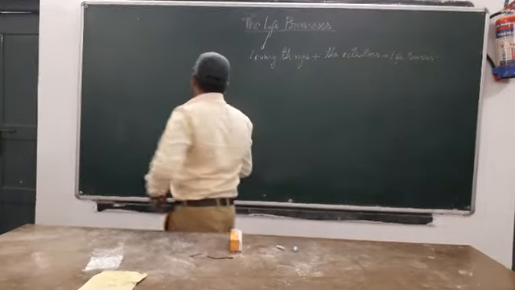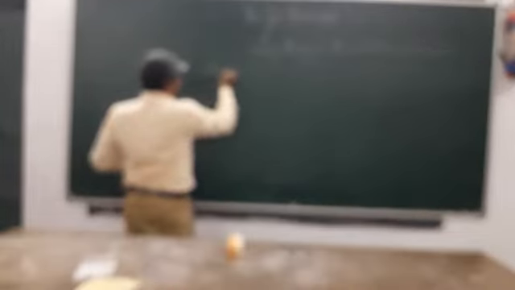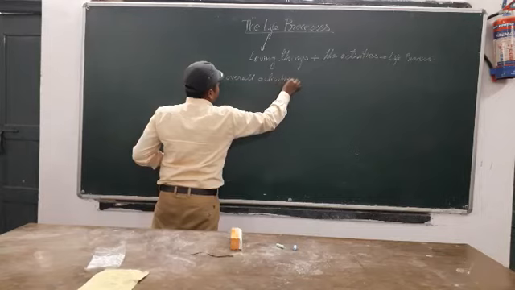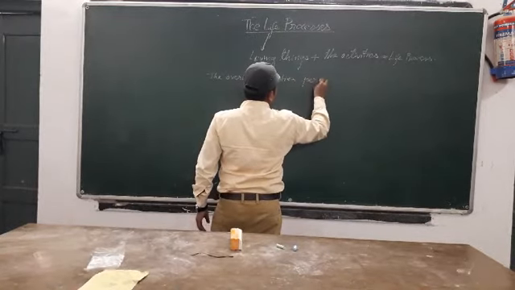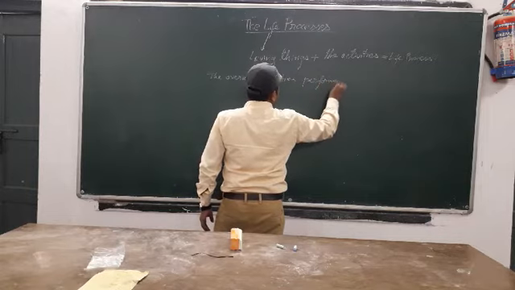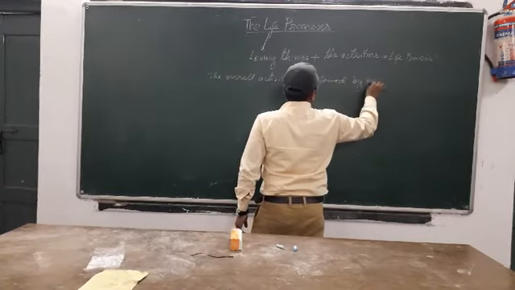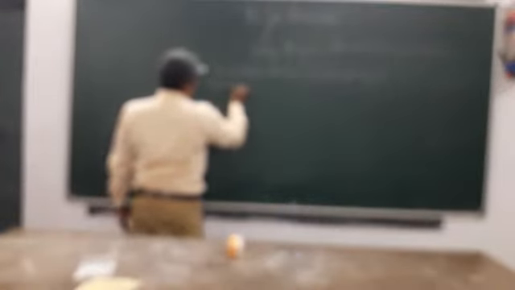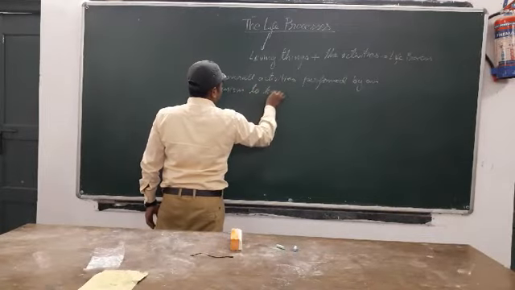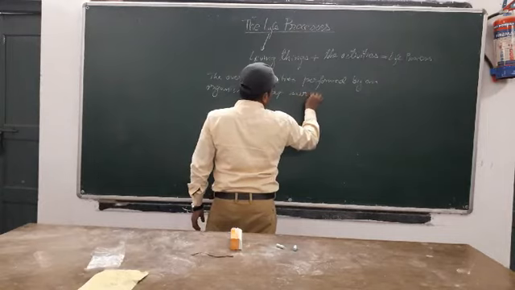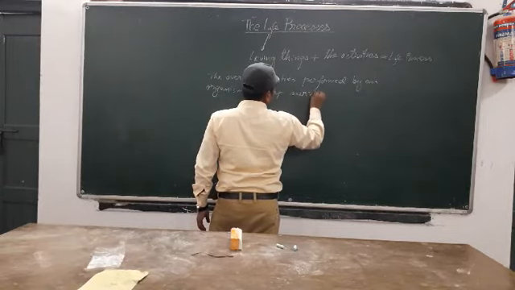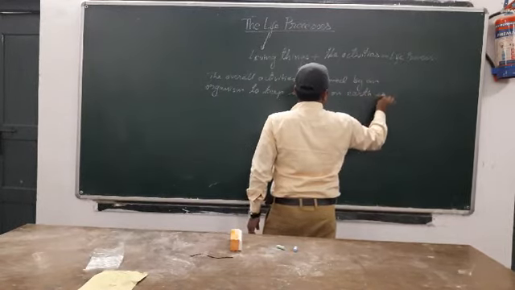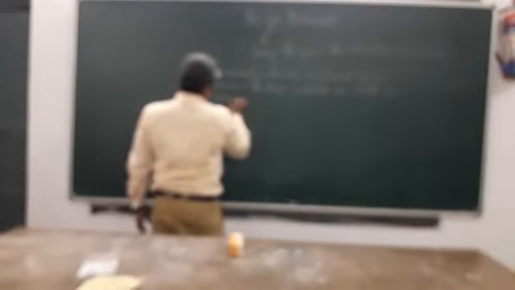So now we can write it as: the overall activities performed by an organism to keep survive on earth is called life processes.